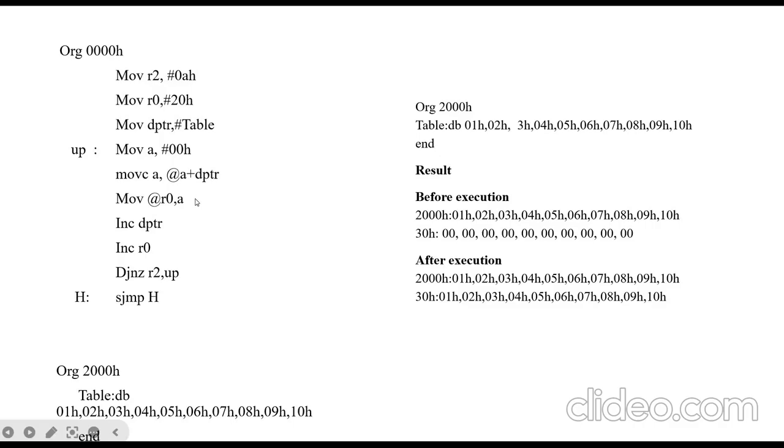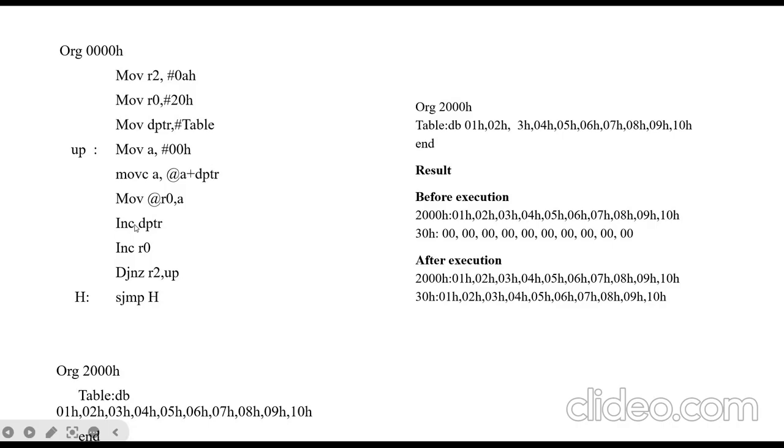The value from the table pointed to by the dptr is moved into the accumulator. Then we have mov @r0, a. This will move the value from the accumulator to the RAM address pointed by r0.